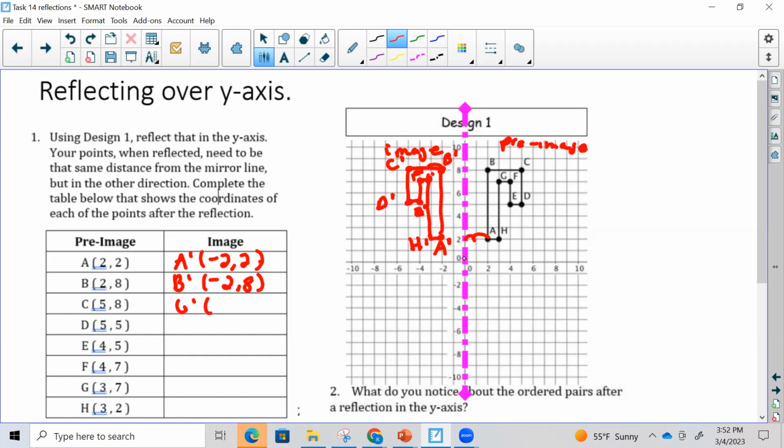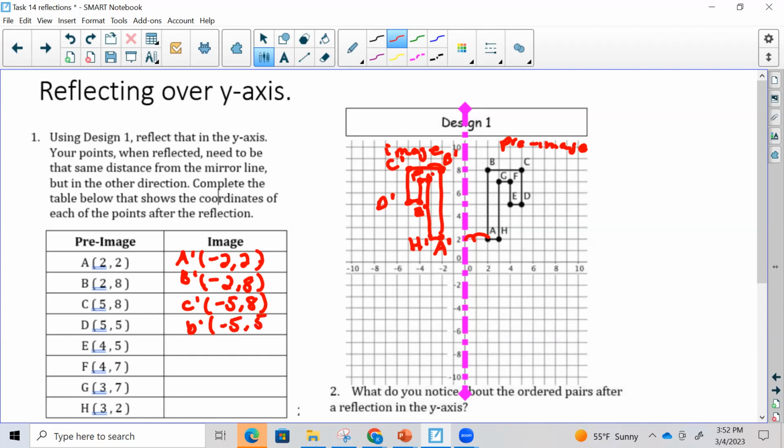C prime is, let's see, at -5, 8. G prime is at -5, 5.